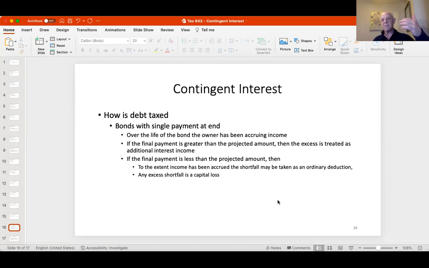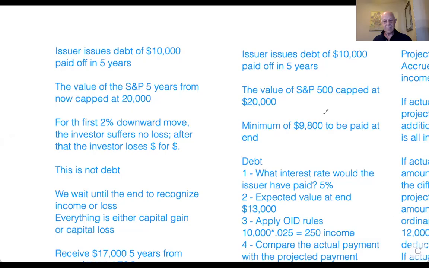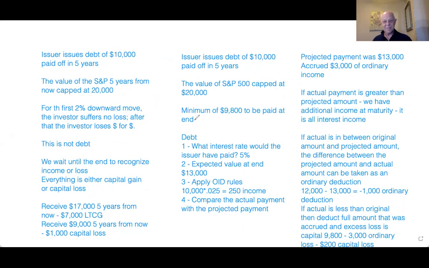So that was my example of, I'm forgetting the numbers. So let me just go back to the numbers very quickly. Sorry. Okay, yeah, so we're going to have $13,000.